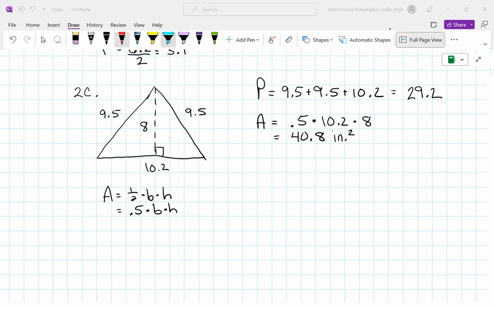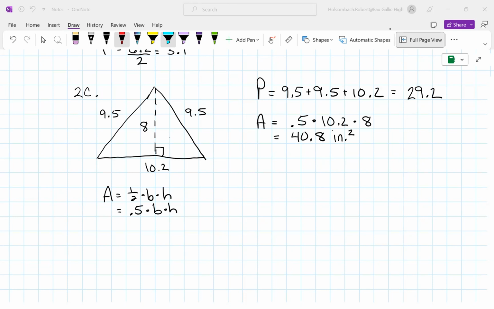All right, so any questions on finding the perimeter and area of any of those shapes? Yes, ma'am. All right, question is, why is the square by the inch? Because area is how many square units you can fit inside the shape.